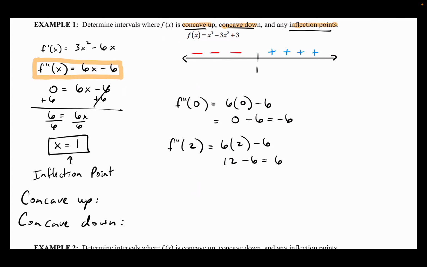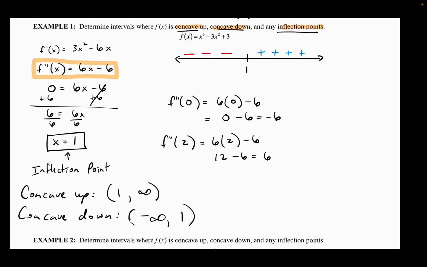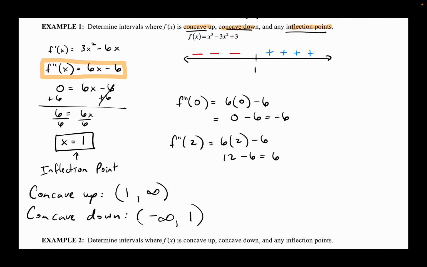So concave up is from 1 to positive infinity, because it keeps going. Concave down is from negative infinity to positive 1. And then you have an inflection point at x equals 1.